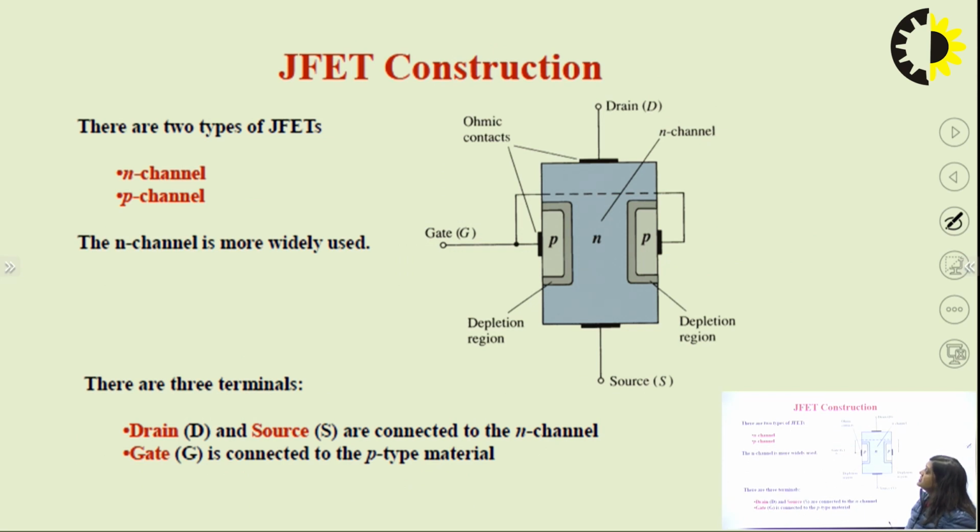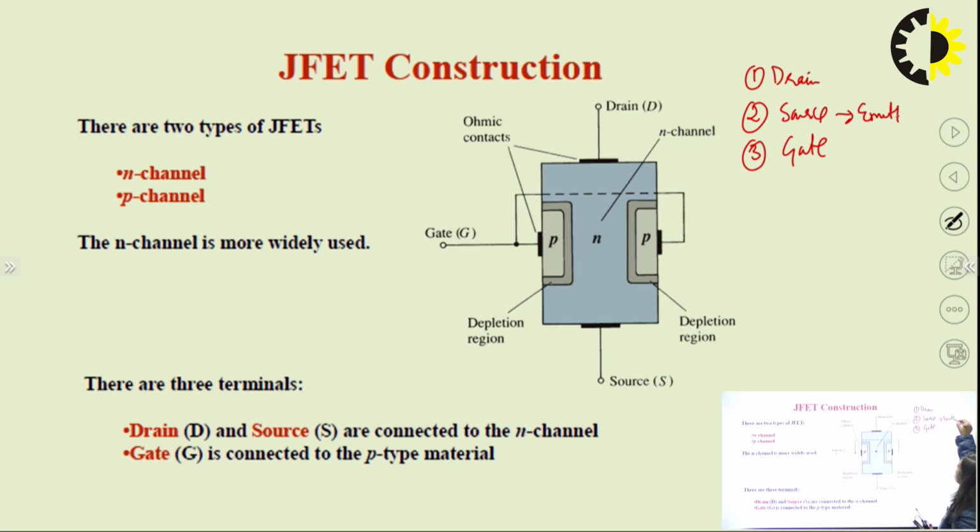So basically the JFET, junction field effect transistor, has three terminals. First is the drain, second one is the source, and third one is the gate. Source is very similar to the emitter in case of the BJT, and drain is similar to the collector in case of BJT.